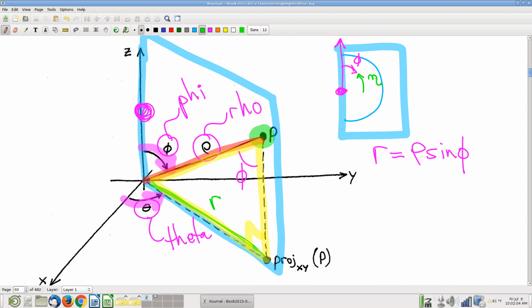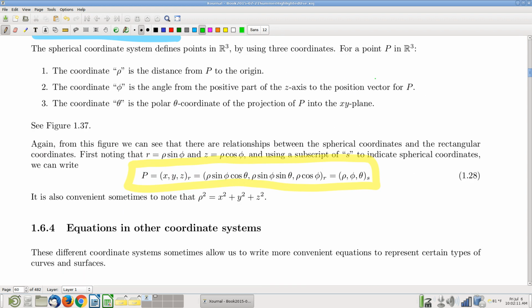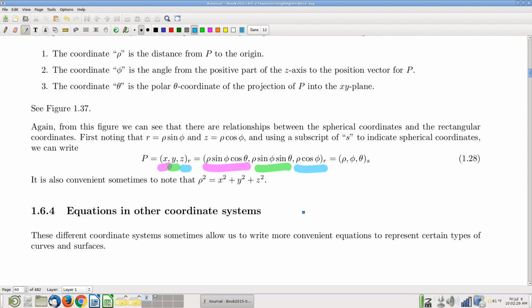Once you know theta and phi, you can convert from spherical coordinates into rectangular coordinates by standard equations that I have written down here. x is that, y is that, and z is that. Now I would encourage y'all to memorize these equations.